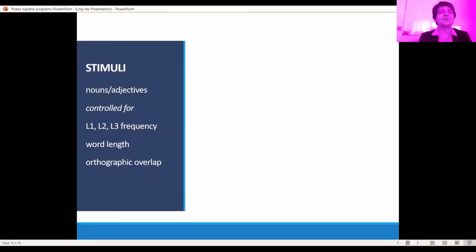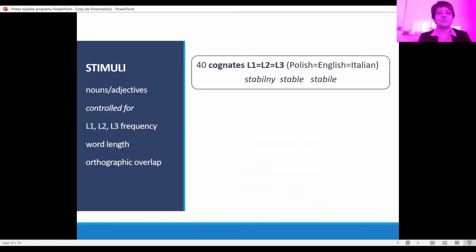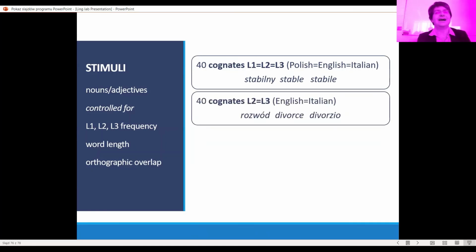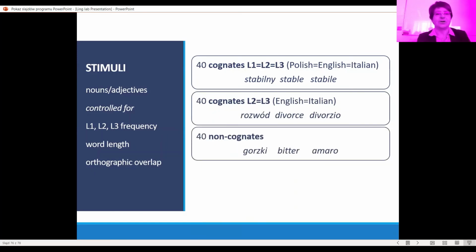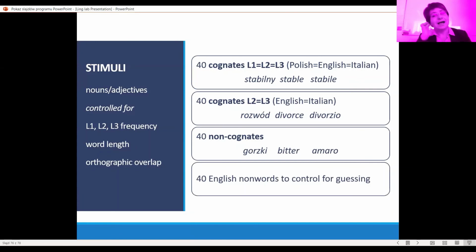So what types of stimuli do we use? I will not tell you about the results; I will just tell you what we're doing. Different types of cognates, which are triple cognates. We are using double cognates, so only between the second and the third language, and of course non-cognates. They are controlled for everything that we know should be controlled for. We're also using English non-words to control for guessing, because participants love guessing.